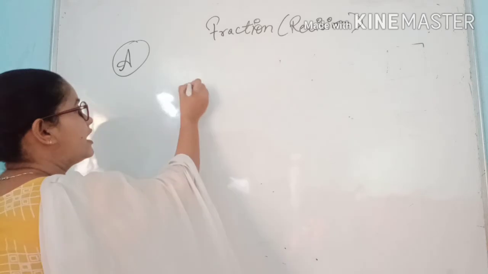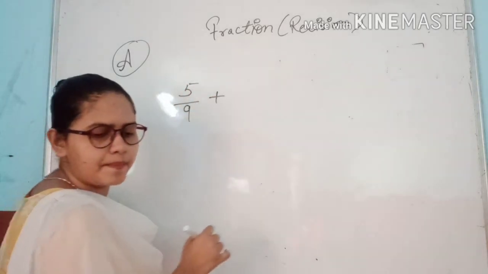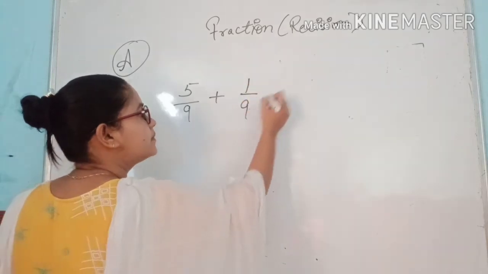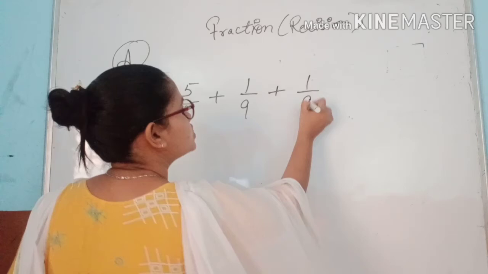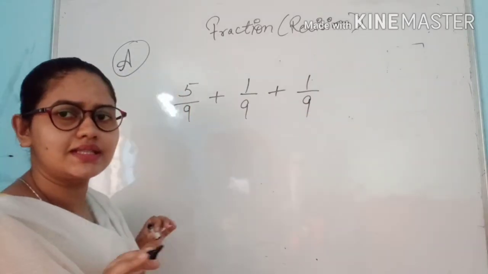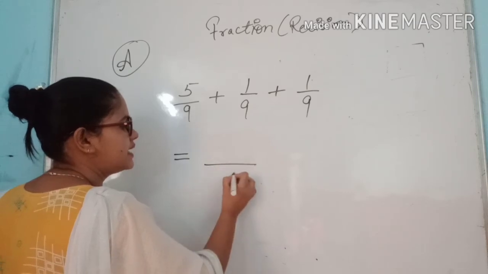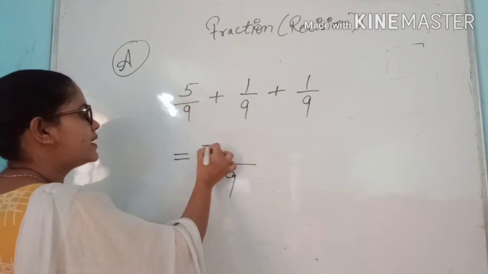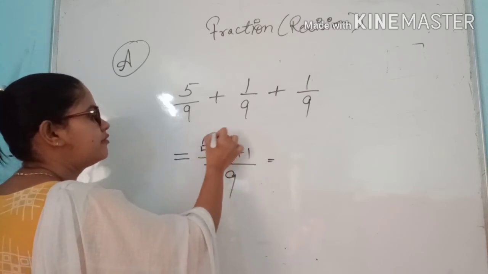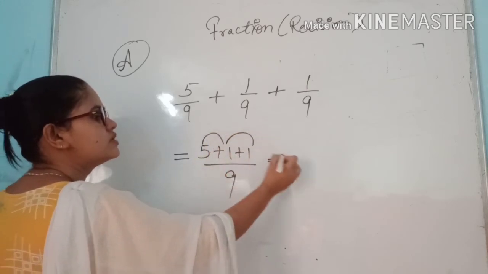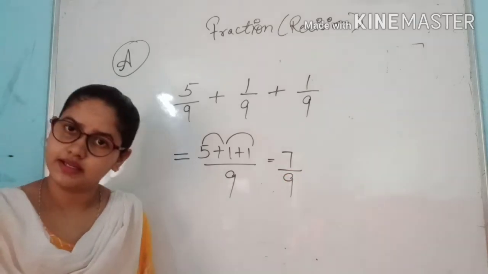We have 5 by 9 plus 1 by 9 plus 1 by 9 again. Simply we take one denominator as the same, and now we add 5 plus 1 plus 1, which becomes 6, then 7. So the answer will be 7 by 9.